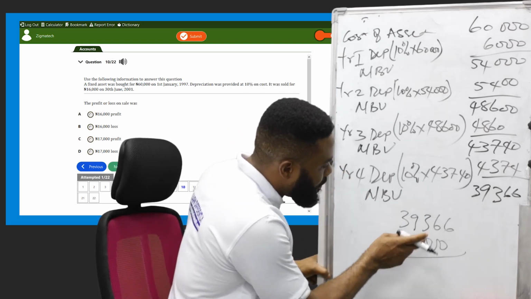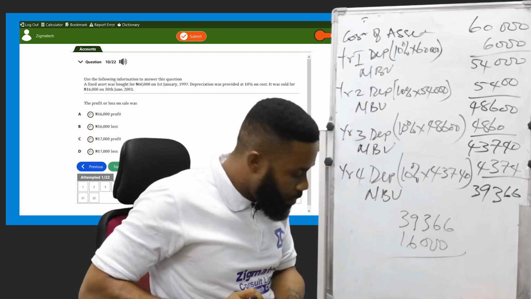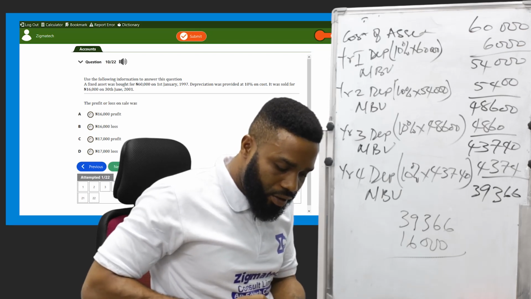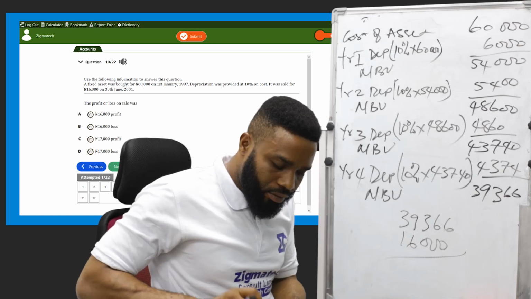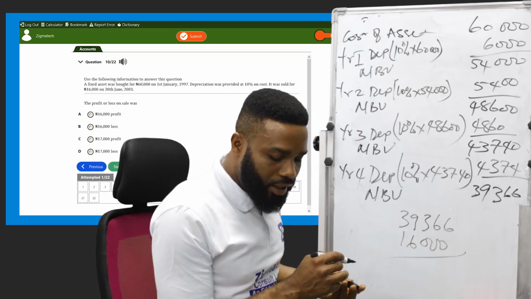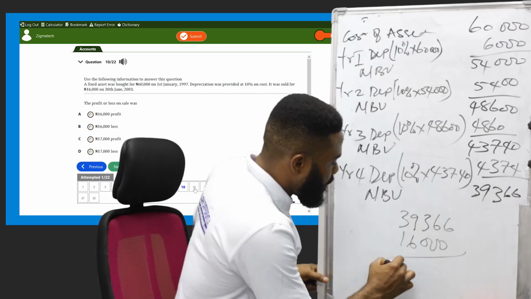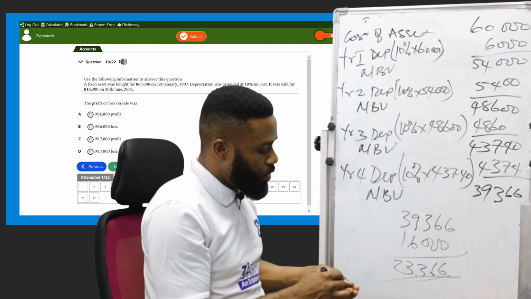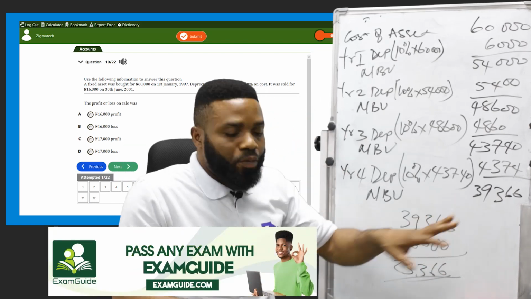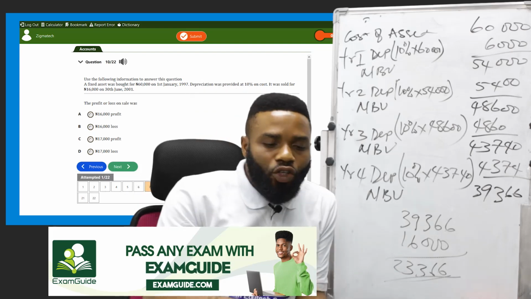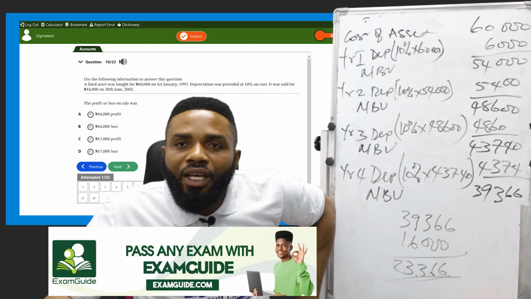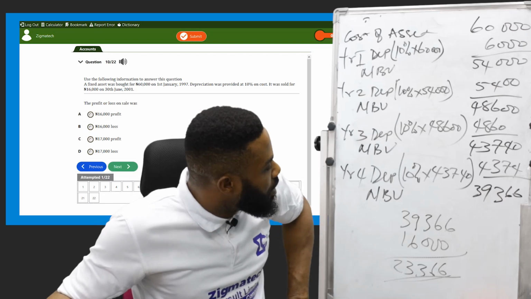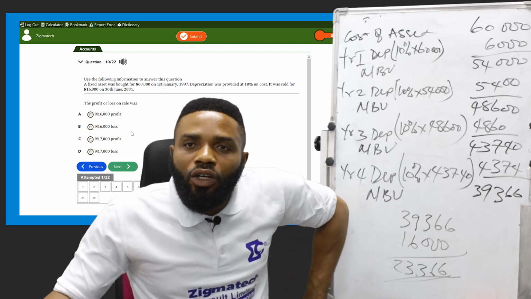When you subtract 16,000 from this, 39,366 minus 16,000, you have 23,366. The asset was disposed of at a loss, so the answer is supposed to be a loss of 23,366. But it's not among these options.